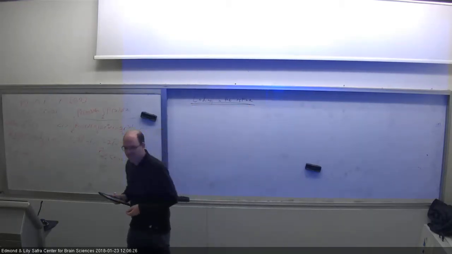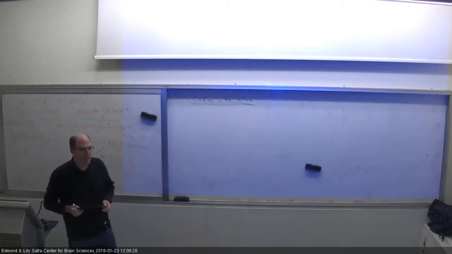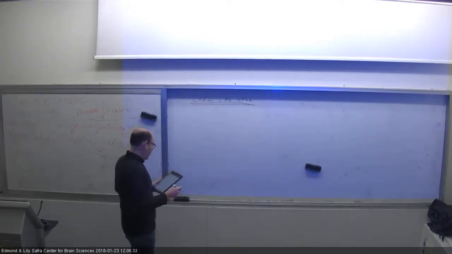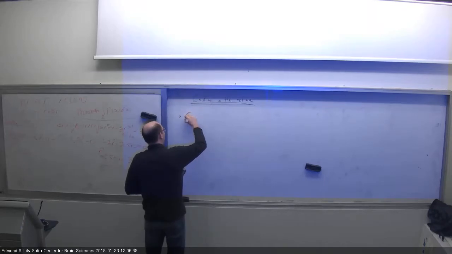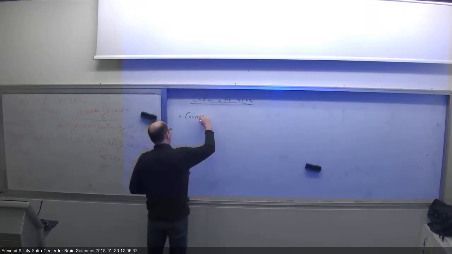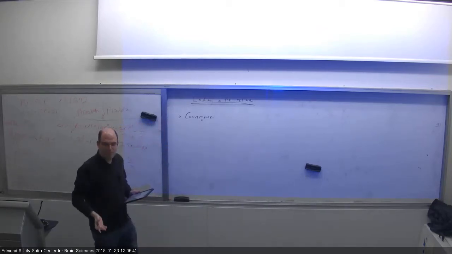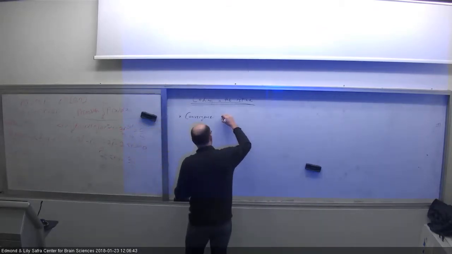So, what are the main features of the theory that we want to derive? One very important feature is convergence from photoreceptors to RGCs.